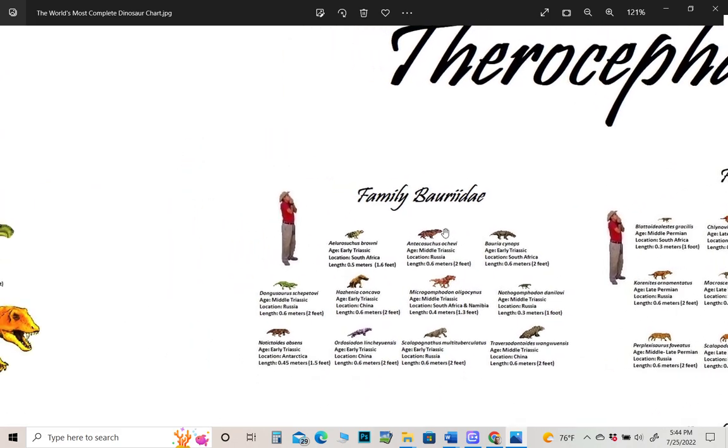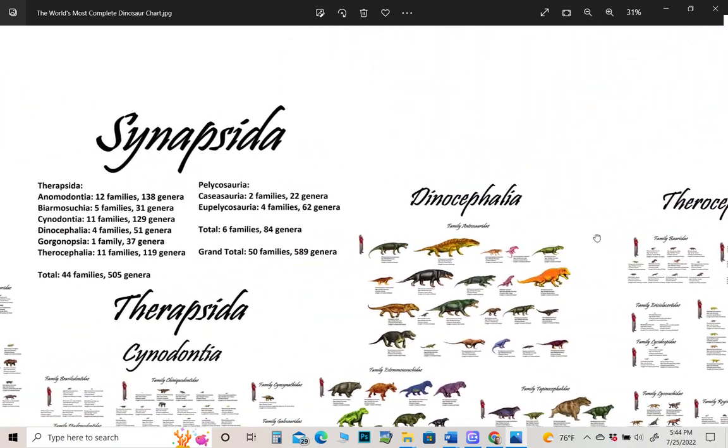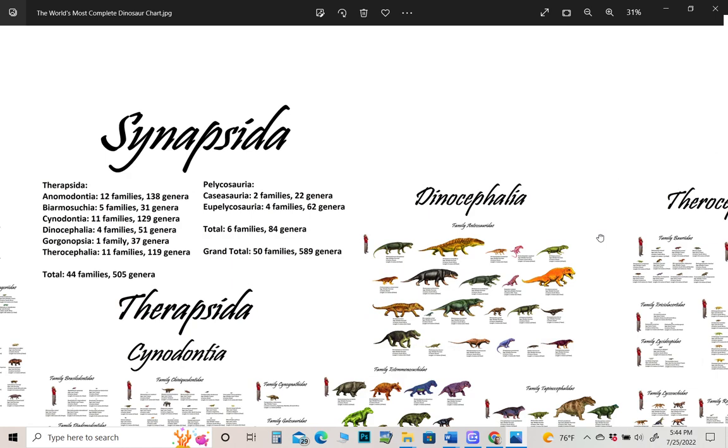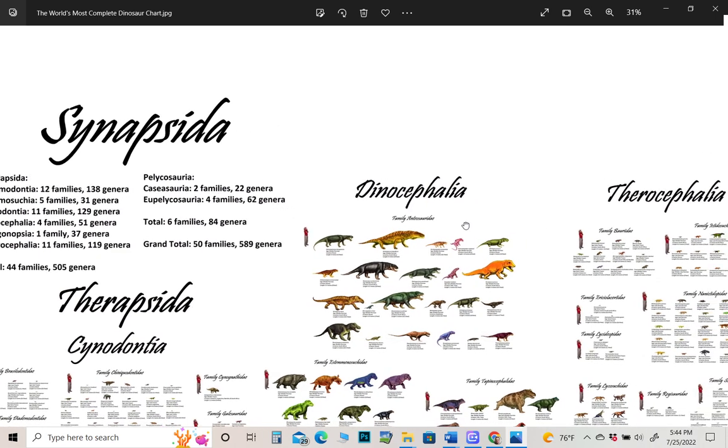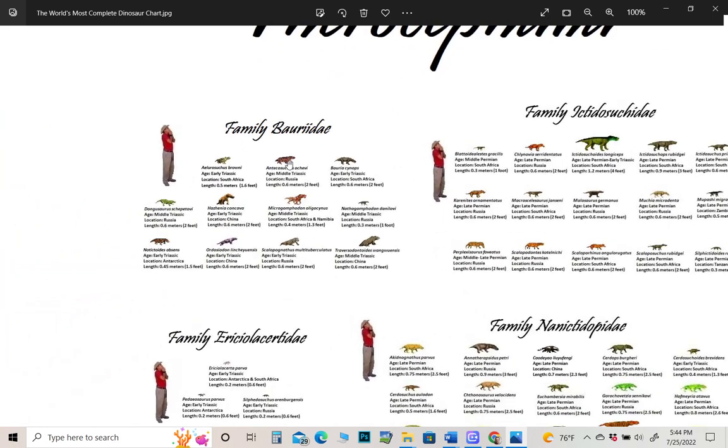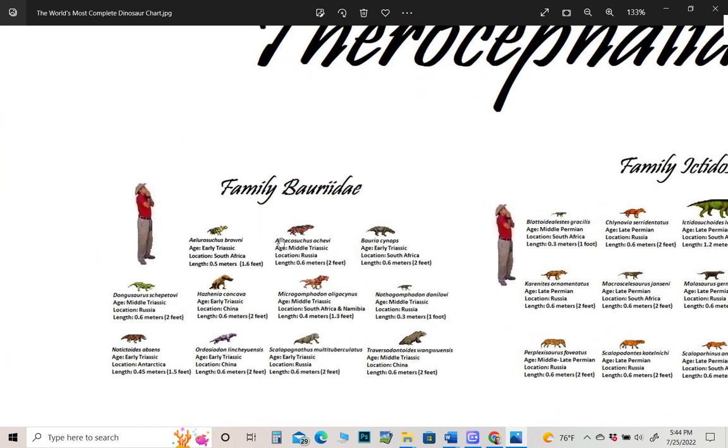So the Therosophilians, which is the last of the 6 and the smallest of the 3 large ones. One's over 100. All right.